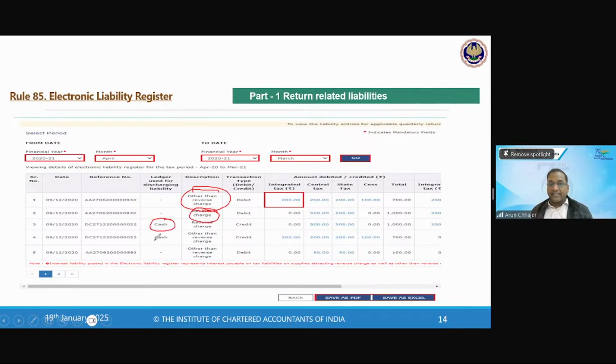You have used cash ledger, you have used ITC accordingly. In whichever mode you have discharged the liability, it will show that mode. So in this way, this will be credit, this will be debit, and the closing balance will be calculated by this returns related liability.